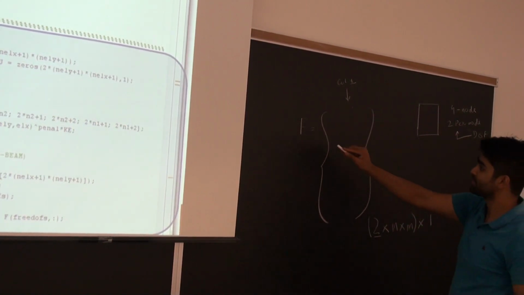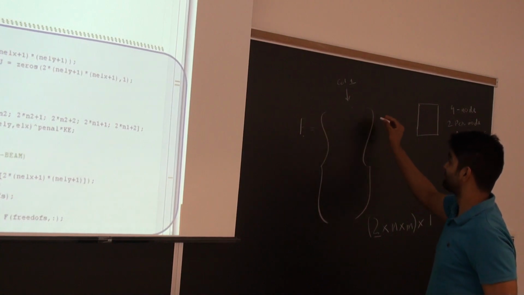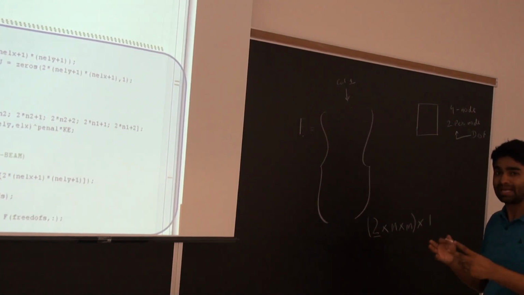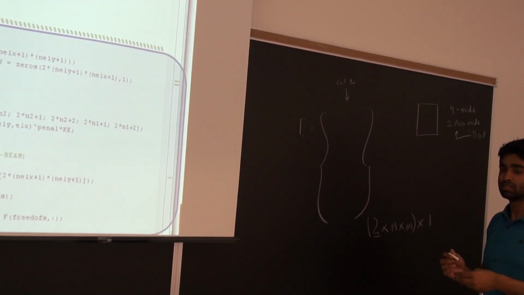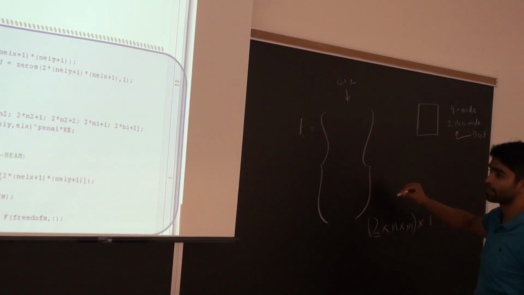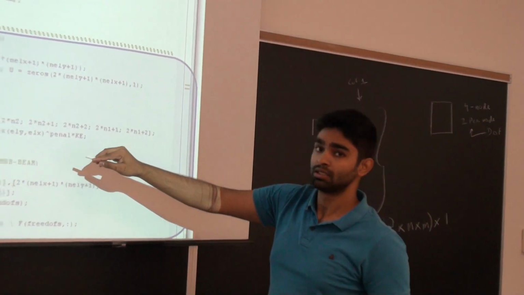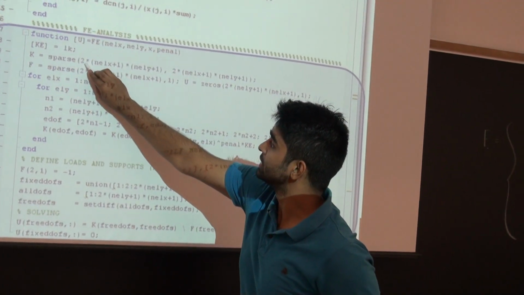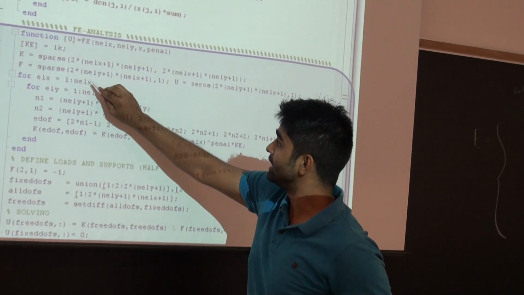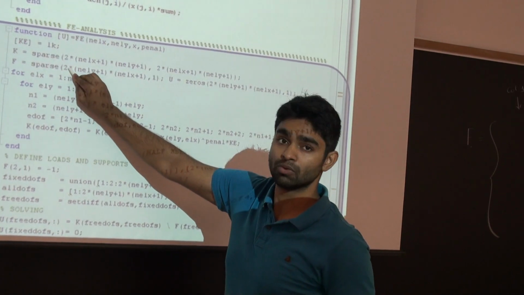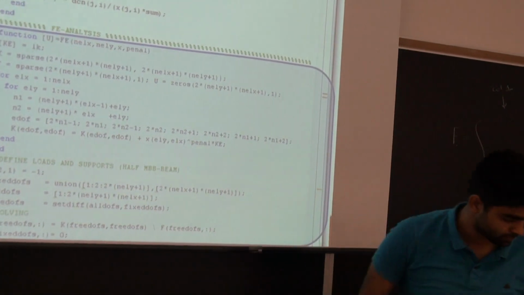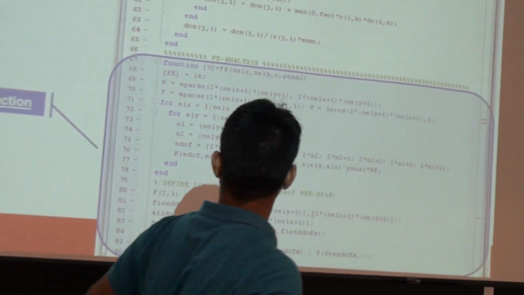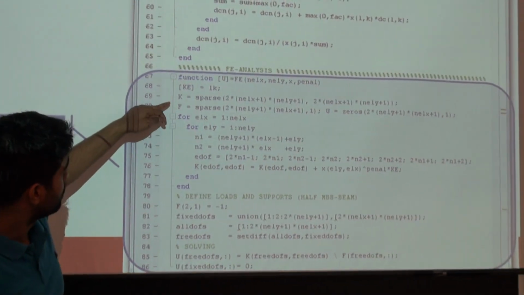And the stiffness matrix and the force matrix is defined by the degrees of freedom, not by the elements or the number of nodes. So that's why we have 2 times in the global stiffness matrix and 2 here in the force matrix. So we have our force matrix already defined.